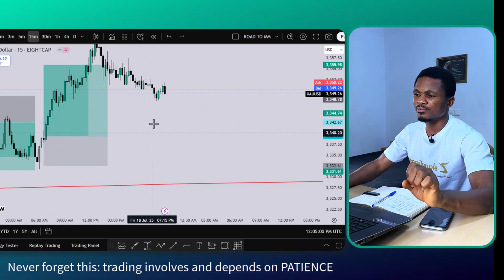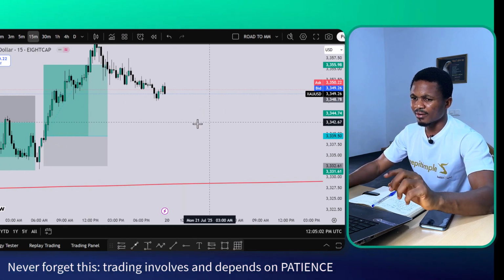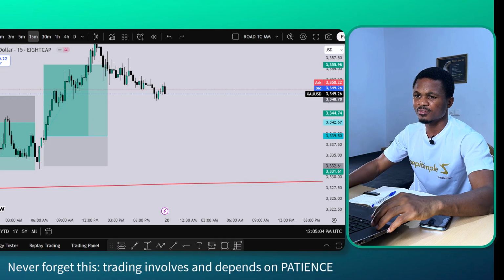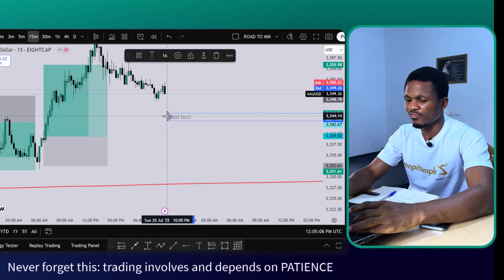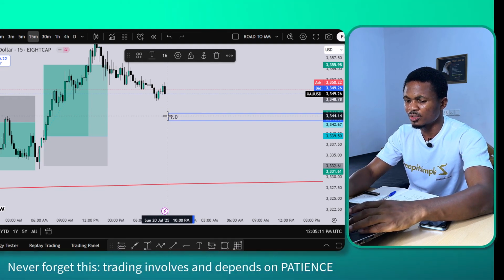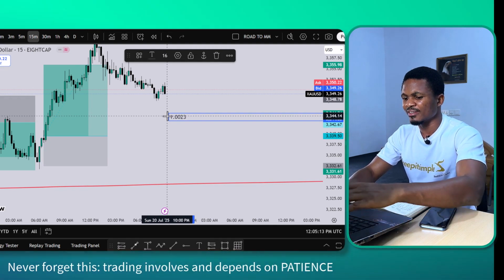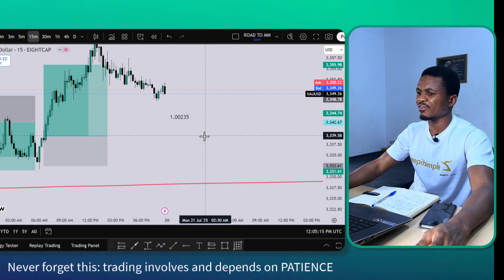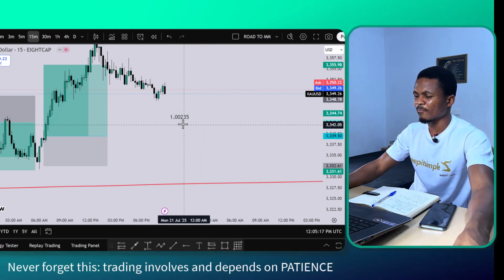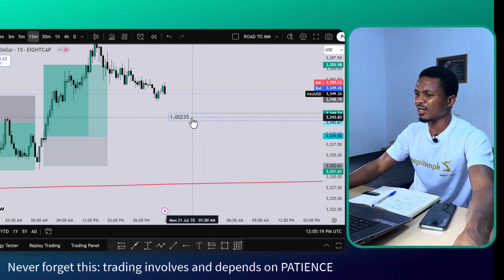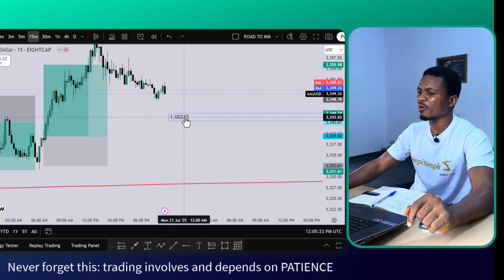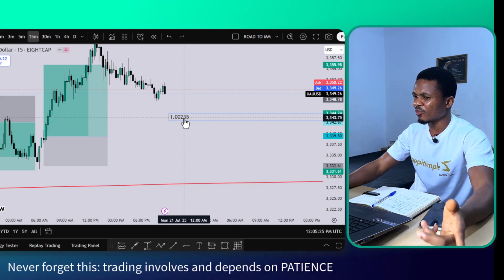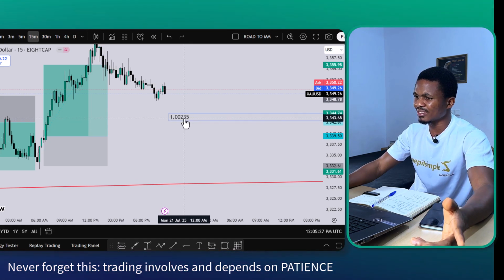Unlike other currency pairs where we have values like 1.00235, quoted this way with five decimal places, we calculate the pips from the fourth decimal place, which is in this case the 3.